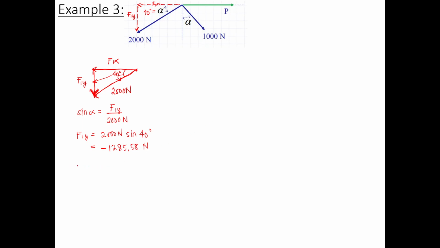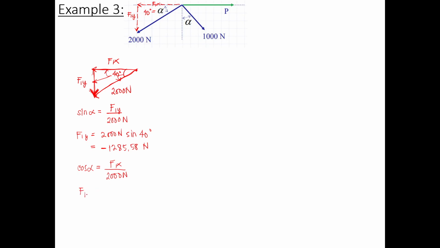Okay, so next we go to the second trig function, that's cosine alpha. Cosine alpha is the adjacent side of the angle, that's F1x, all over the hypotenuse, which is 2000 newtons.